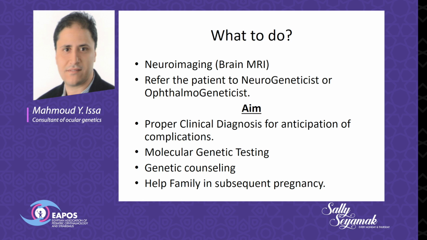We do proper molecular genetic testing, and then proper genetic counseling for the subsequent pregnancy, which is more important for the family and to help them in the subsequent pregnancy, either by doing prenatal diagnosis through fetal imaging or amniocentesis, or we can help them by doing PGD to prevent the occurrence of the disease in the same family, as most of the cases are autosomal recessive disorders. So this is the more important issue from proper genetic counseling.